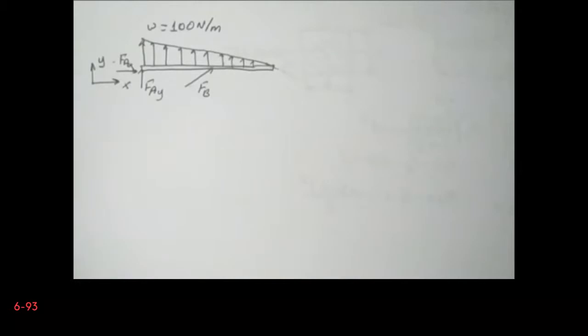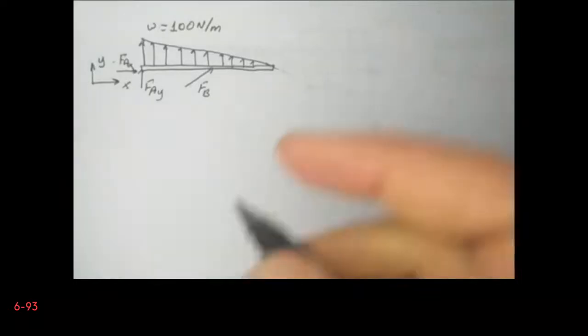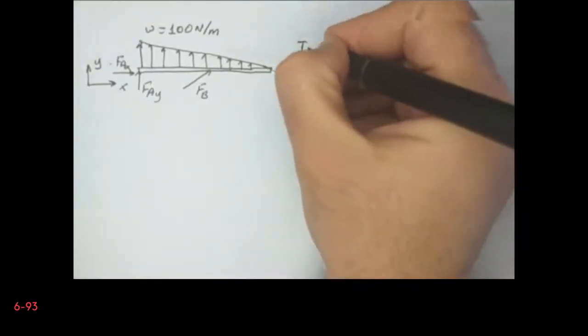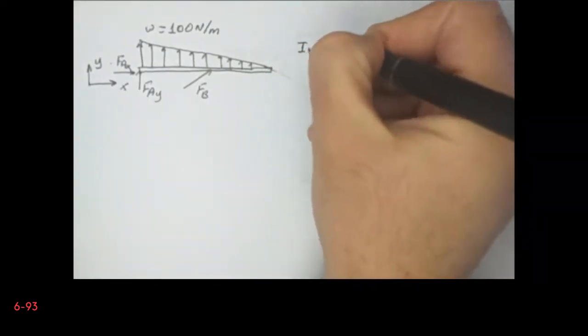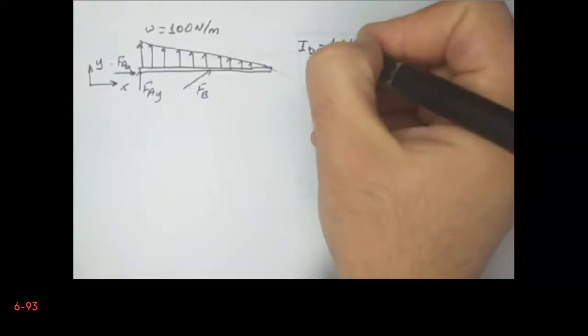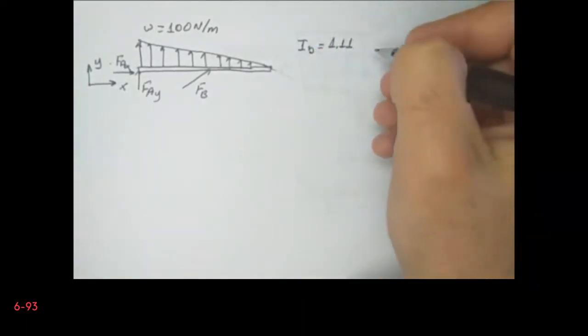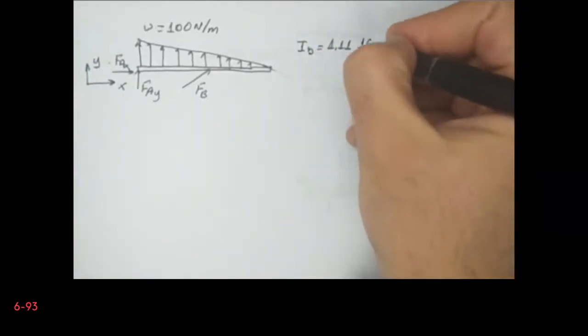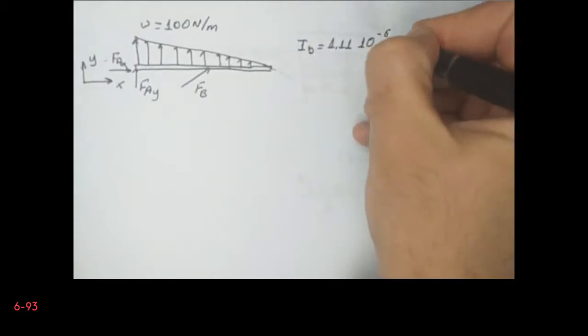Okay, and so we have bending moment of inertia that is given. I is equal to 1.11 10 to the power minus 6 meter to the power 4.